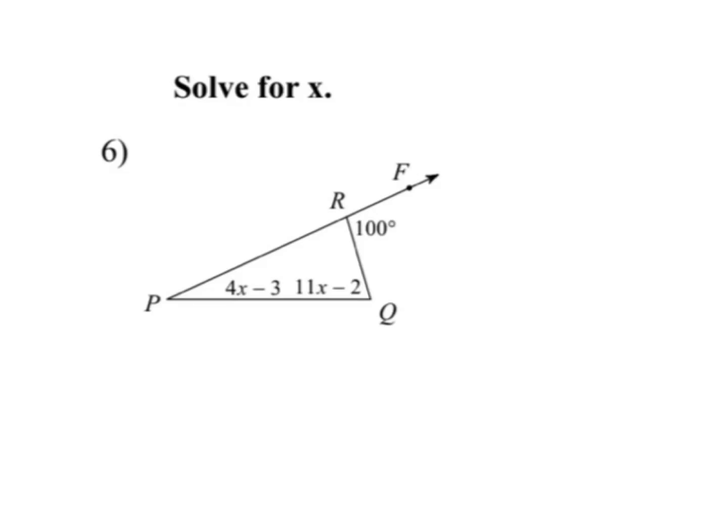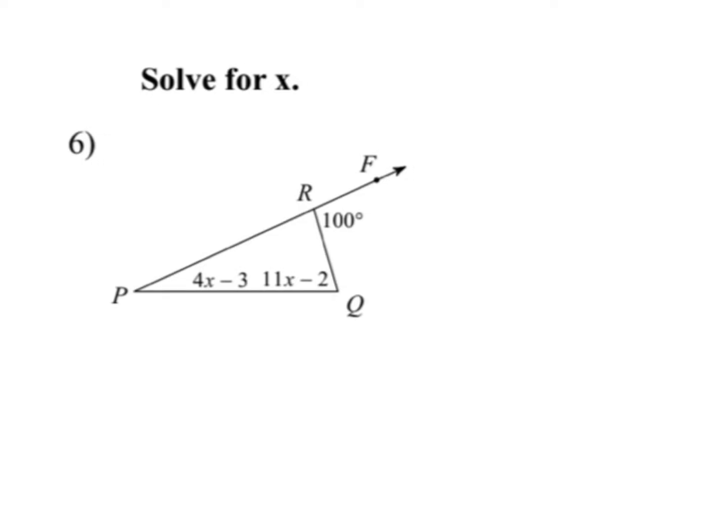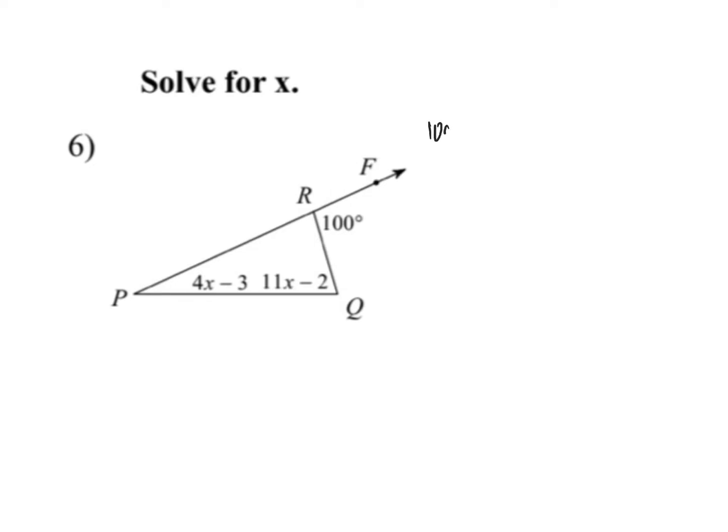Okay? Number 6. So a good example with variables. You could do it the other way too here, but try to use the exterior angles theorem. See how we did? So 100 equals 4x minus 3 plus 11x minus 2. So we don't need the parentheses.